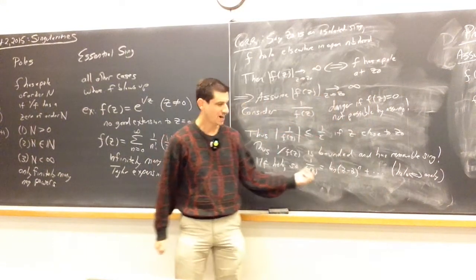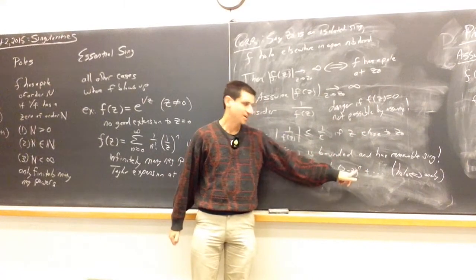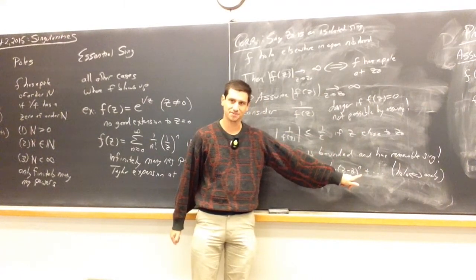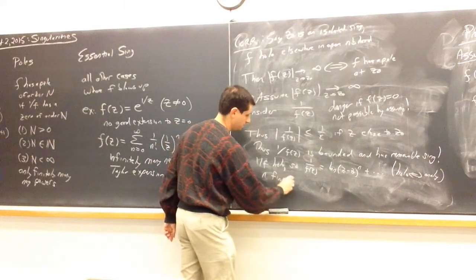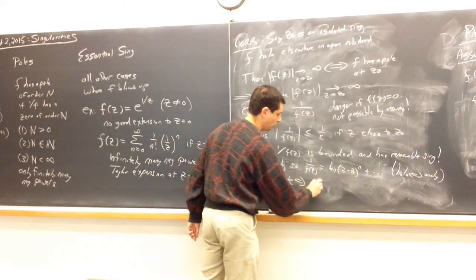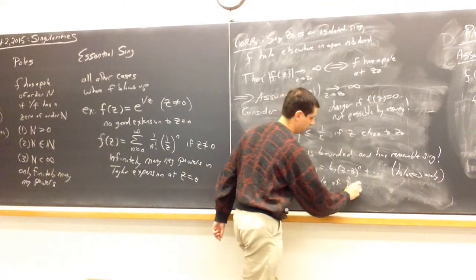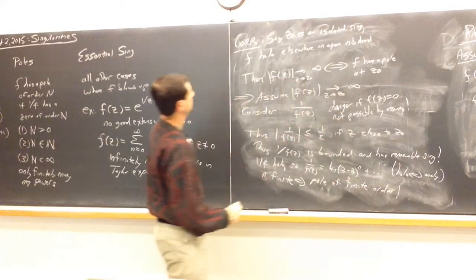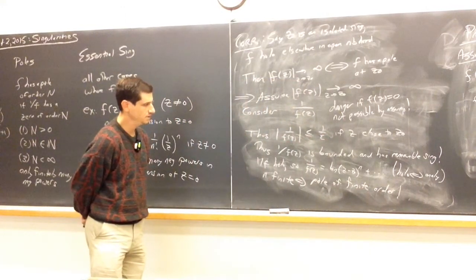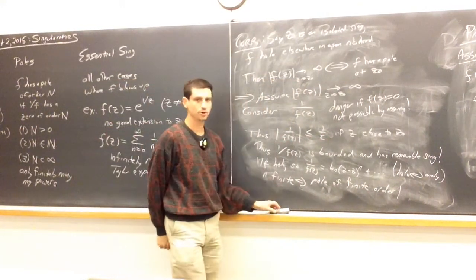Since it's holomorphic, I can now write it like this. I have a finite n here, so n is finite, therefore a pole of finite order. Okay. Any questions on this part over here?